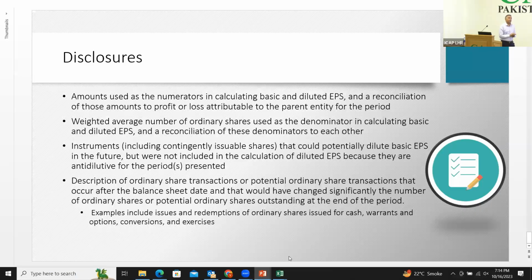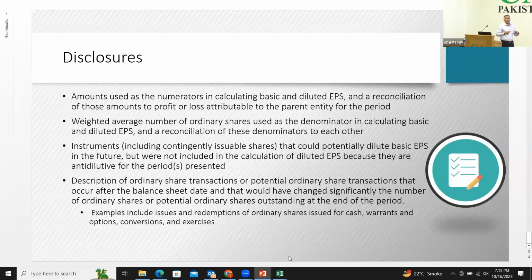I have seen two types of approaches. One is they are not considering it. But if you read that paragraph, there is a chance that you can include it in the weighted average number of shares from the day you receive the share deposit money. So that will be part of basic earnings per share, not dilutive earnings per share.